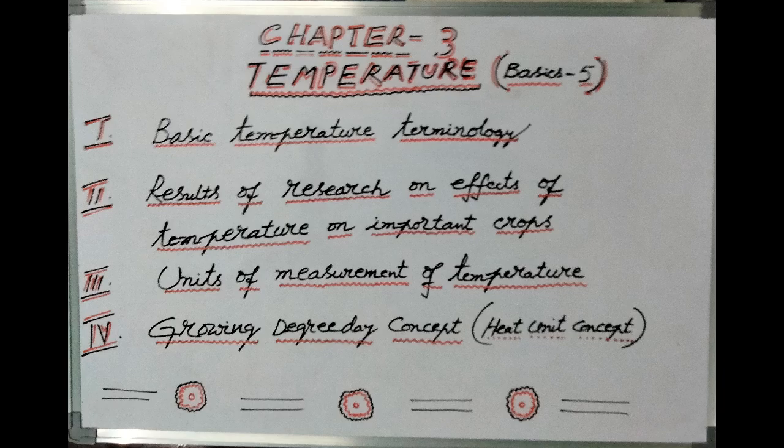The solar radiant energy used in evaporation and transpiration together is known as latent heat flux.